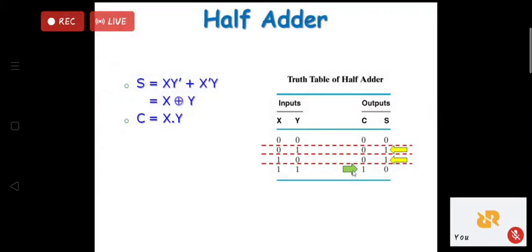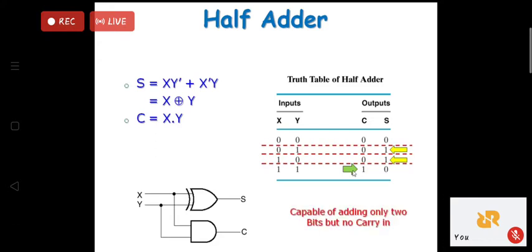So C is equal to X dot Y, or X into Y, or X and Y. That's what we represent. And we have drawn the circuit diagram for the same. That is, sum is X XOR Y, and carry is equal to X AND Y. So that is what we have discussed.